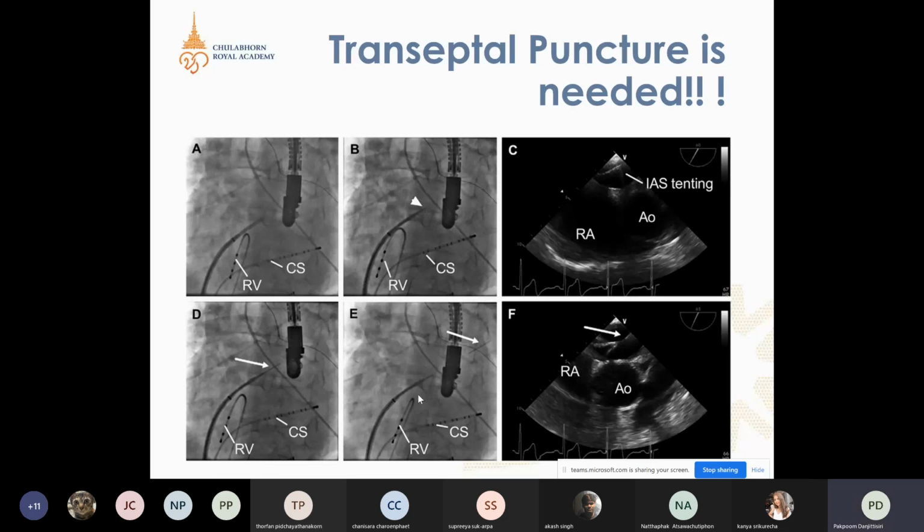Then the doctor can insert any ablation or special mapping catheter into the left atrium to go on with the complex procedure.